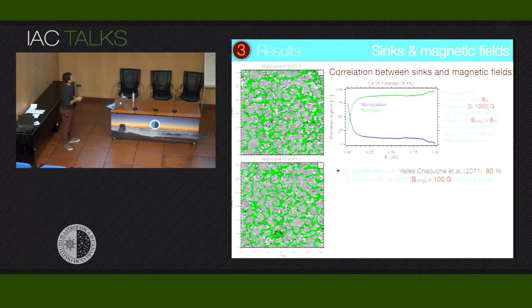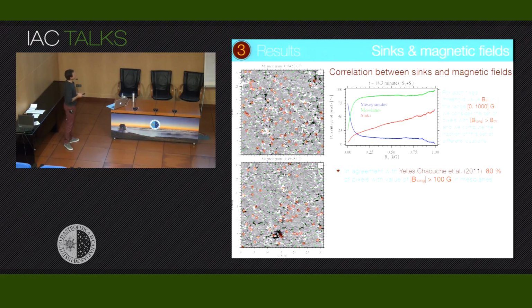This value increases with field strength. If we go to 1000 Gauss, we see that almost all the pixels with values above 1000 Gauss are located at mesolanes. And in sinks, it's the same. As we go to higher field strength, the fraction of magnetic fields at sinks increases.